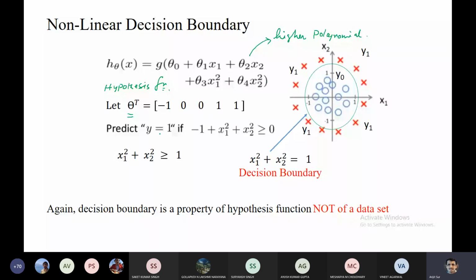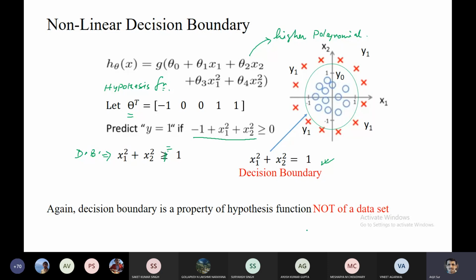When y is equal to 1, if this function is greater than or equal to 0, then the equation of the decision boundary is basically x1 square plus x2 square is greater than or equal to 1, or better to say is equal to 1. So that is the decision boundary.